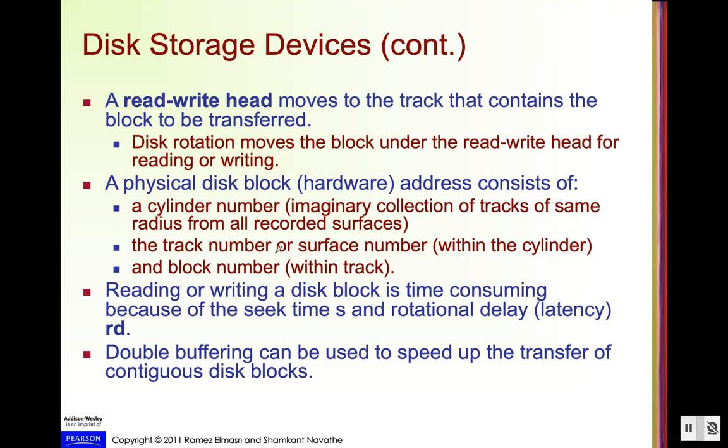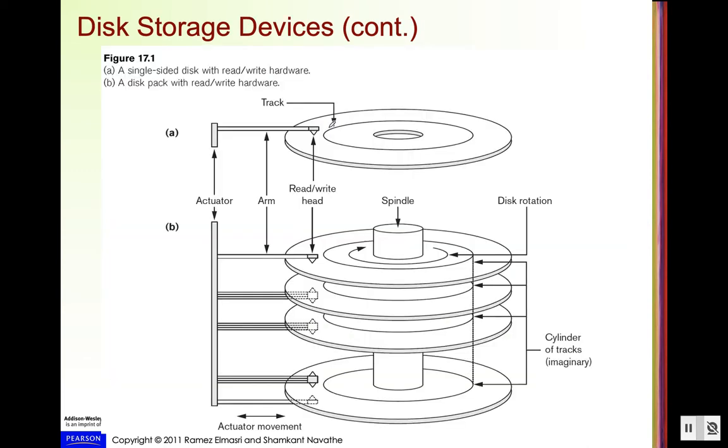In a disk storage device, how do we find a specific record or block? Whenever we have to work with a record, we have to fetch the whole block where the record is. Now how do we find that track? There is a read write head that moves to the track that contains the block to be transferred. You can see in this picture a read write head, and this is the spindle that will rotate.